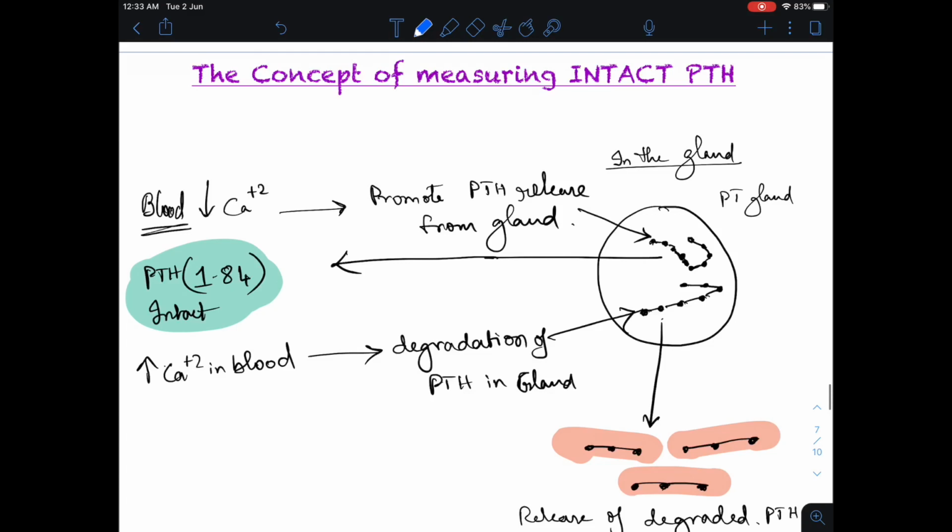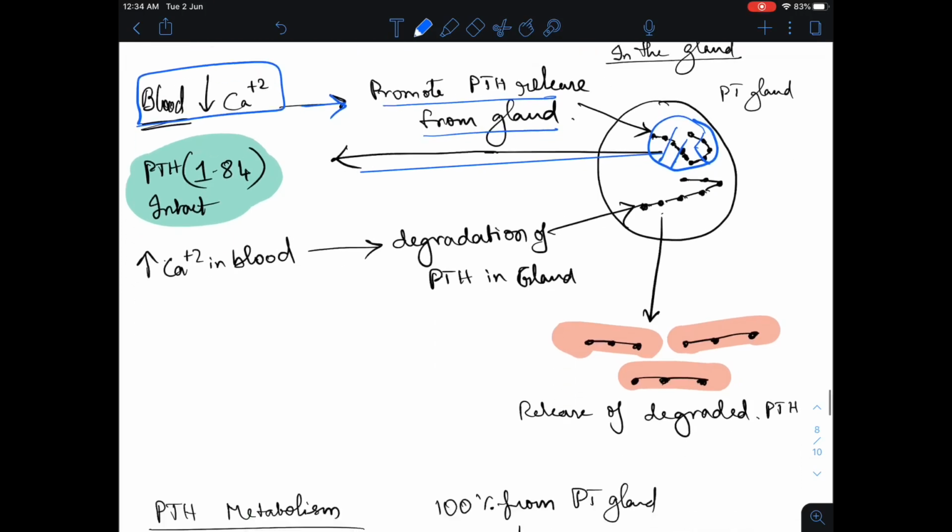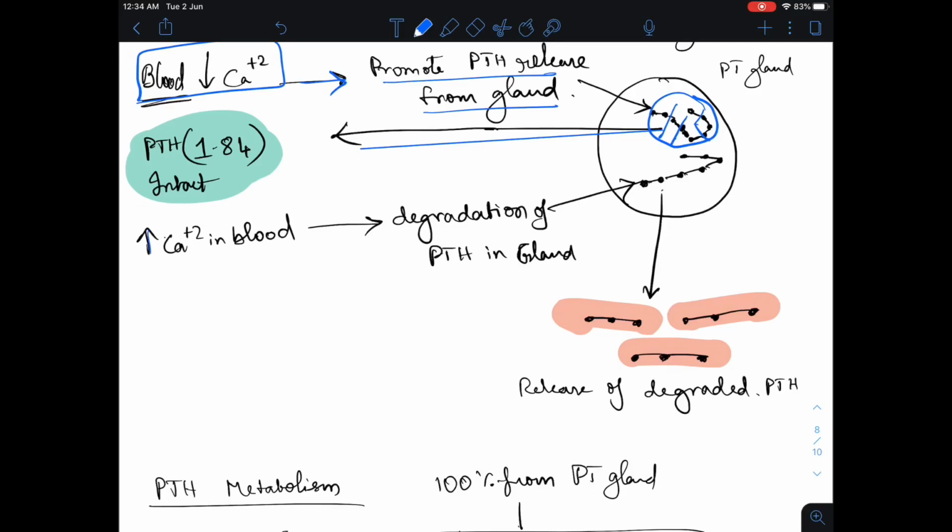See, when there is a decrease in the blood calcium, it promotes PTH release from the gland. How? This decrease in blood calcium level will inhibit the intracellular degradation of this PTH hormone, and thereby it releases the intact PTH outside, that is with 84 amino acids, with NH2 and COOH terminals. Whereas when there is an increase in calcium, it promotes the degradation of PTH in the gland, making it into small fragments.